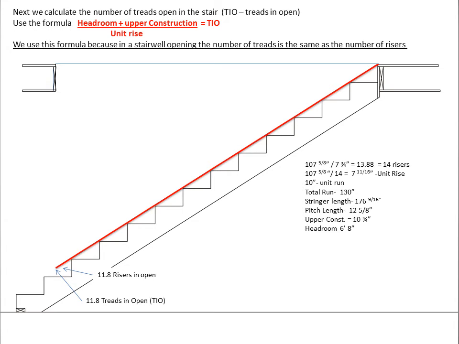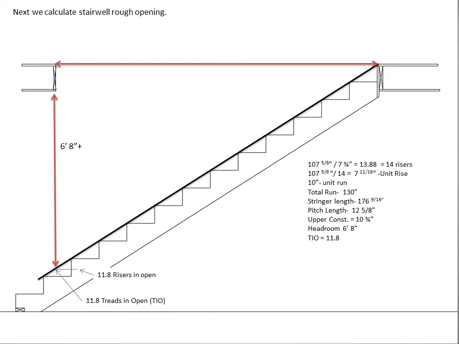Here's our math. 6 foot 8 inches plus 10 3/4 inches equals 90 3/4 inches. That's our headroom plus our upper construction. Then we need to divide by the unit rise, in this case 7 11/16, and we get 11.8 treads in open.